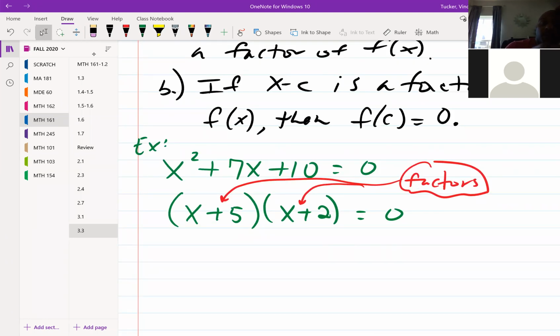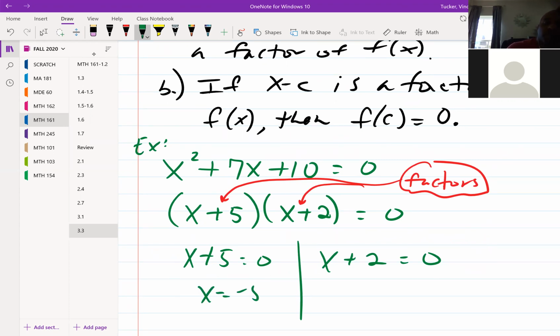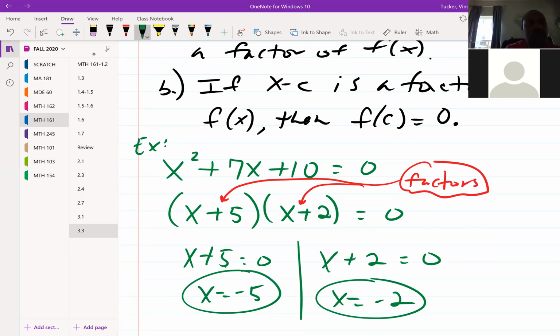Now if I were to solve those for 0, I would get x equal to negative 5 and x equal to negative 2. Notice that the relationship of the opposite sign comes into play, and that's how those things are related. Those are actually our zeros, our roots, or our solutions.